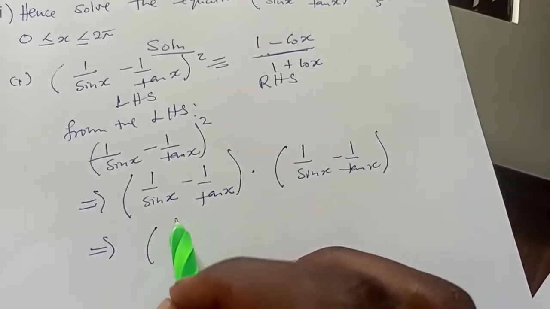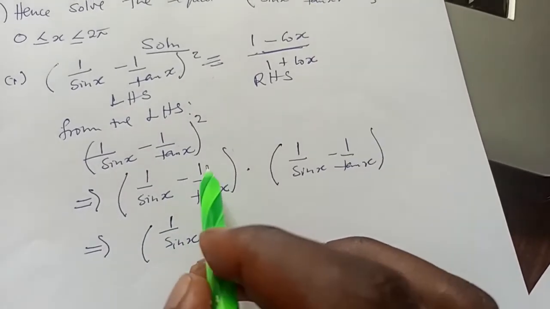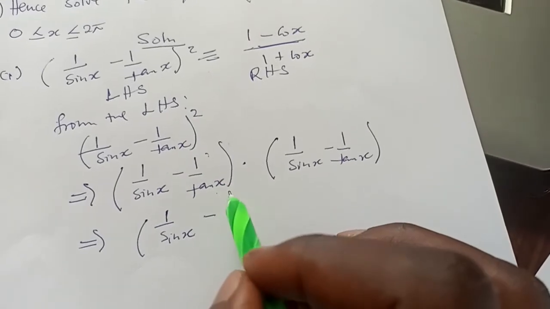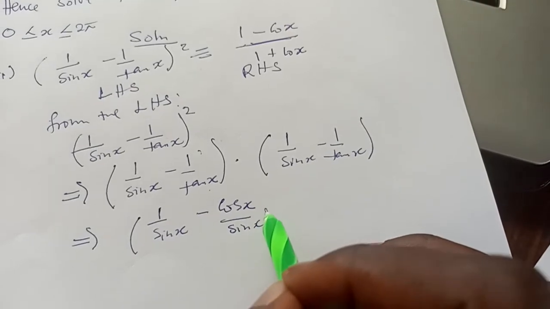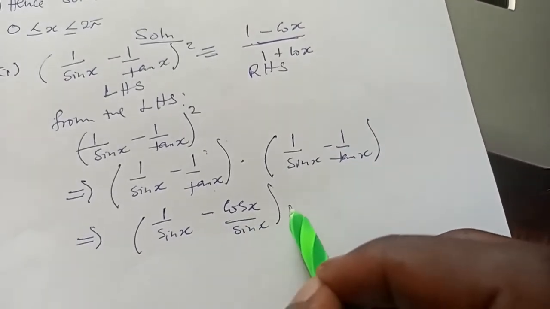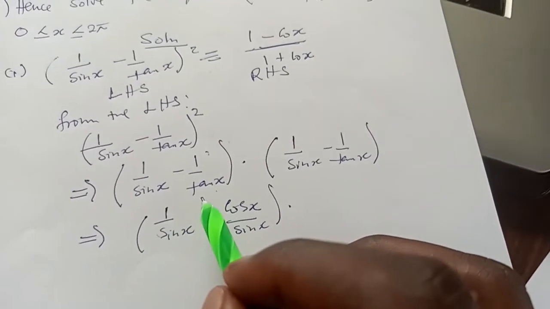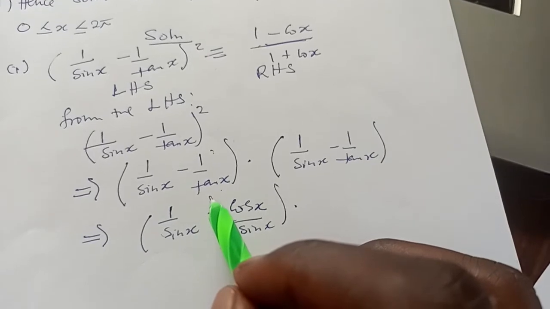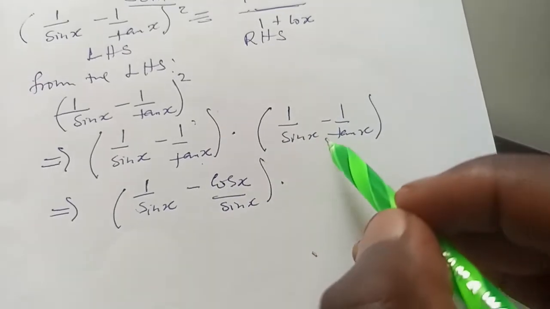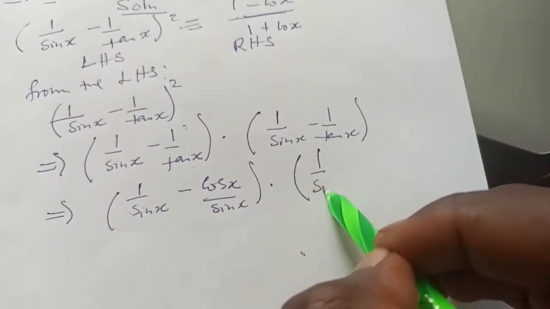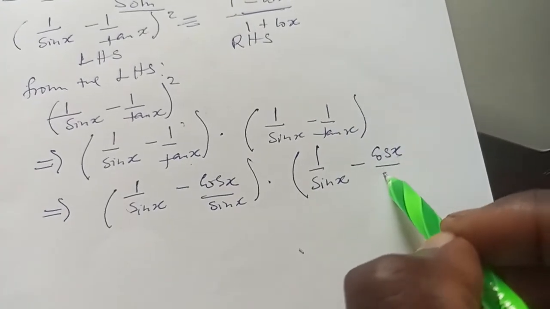We know that 1/tan x is the same as cos x/sin x. Please don't forget, this one is an identity, and this one also is an identity, which is cosecant, 1/sin x − cos x/sin x.